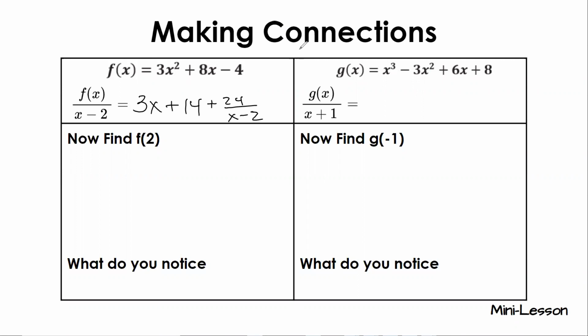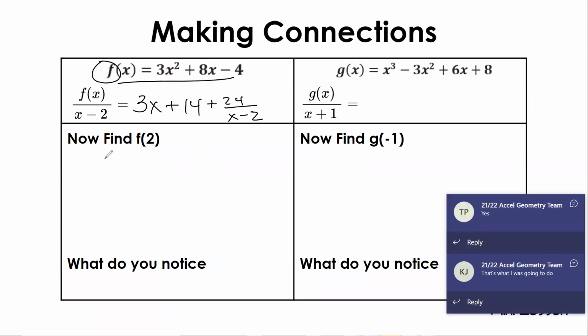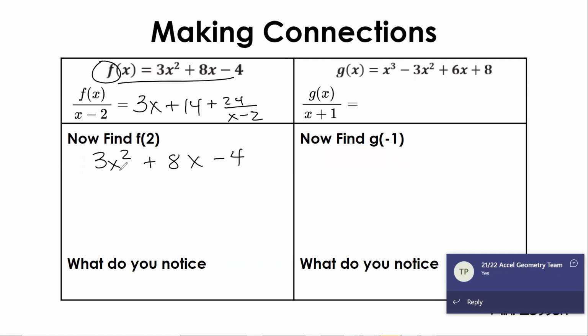All right, now we're going to find f of 2. What that means is we're going to write what f is down. This is f: 3x squared plus 8x minus 4. And instead of having these x's, I'm going to put in 2.